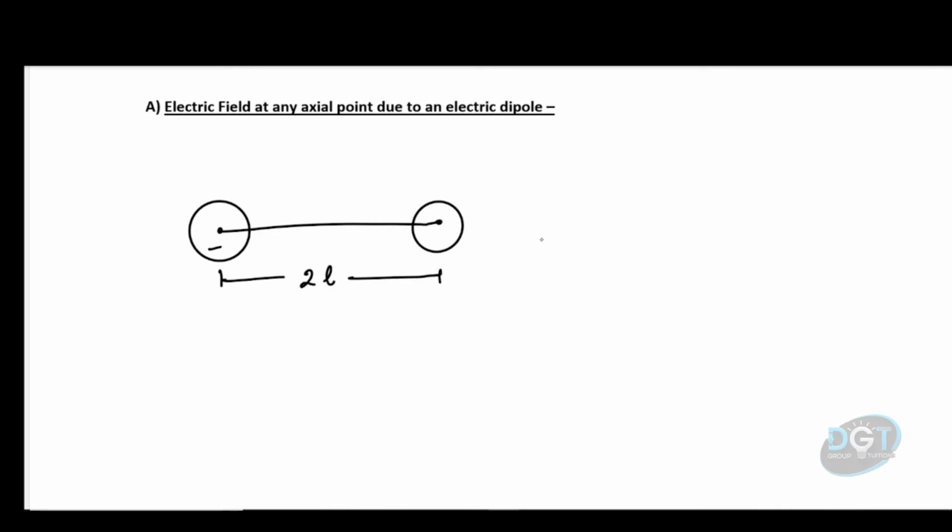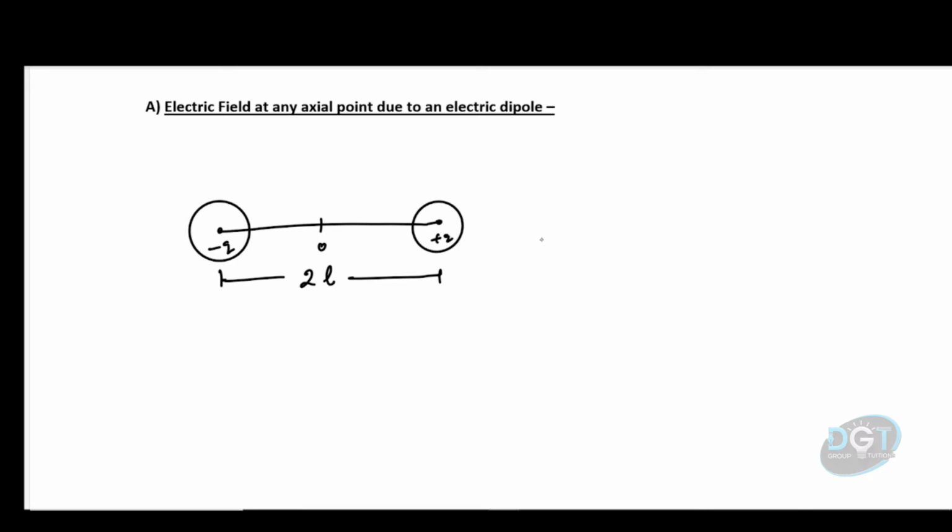Now let us derive the electric field at any axial point due to an electric dipole. For that, let's make a diagram first. Say this is a dipole. The distance between the two charges is represented by 2L. This is minus Q, this is plus Q, and this is the midpoint of the dipole.